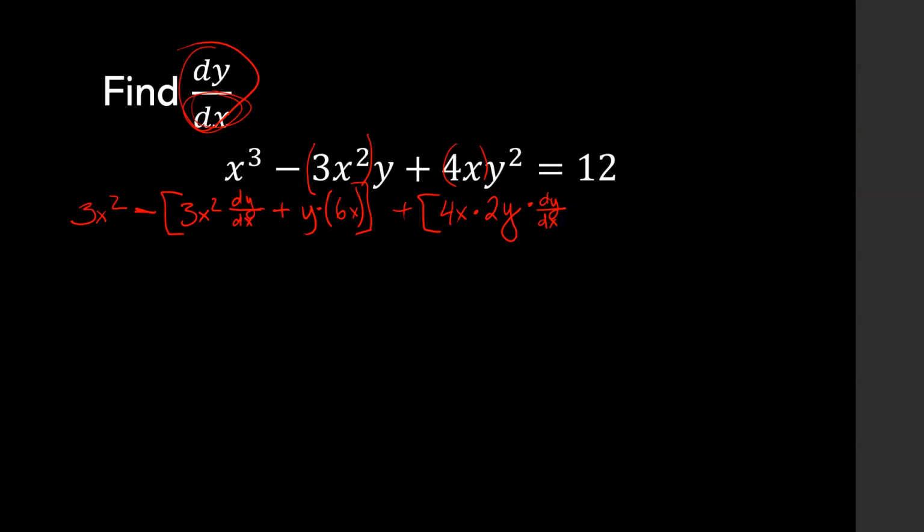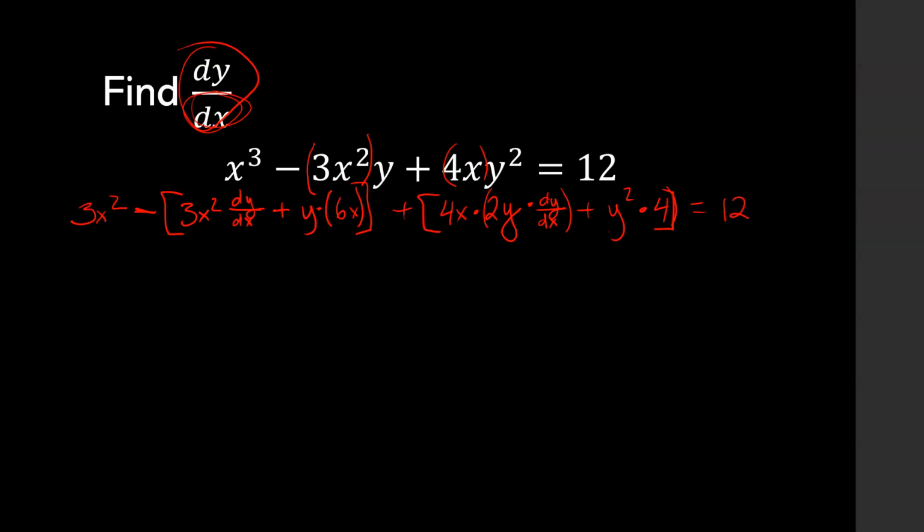Okay, don't forget, we're doing a product rule. So that was first function 4x times the derivative of the second function plus the second function times the derivative of the first. Make that more multiplying, Mr. Scholl. Bracket. And the derivative of 12, any constant, has a derivative of 0.